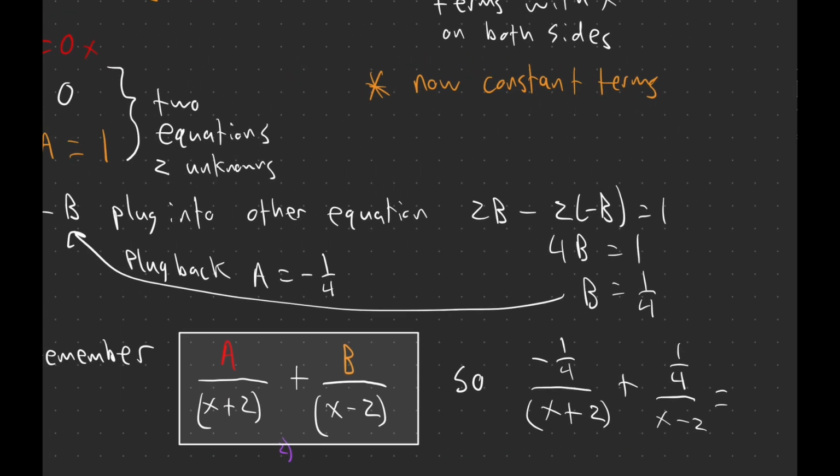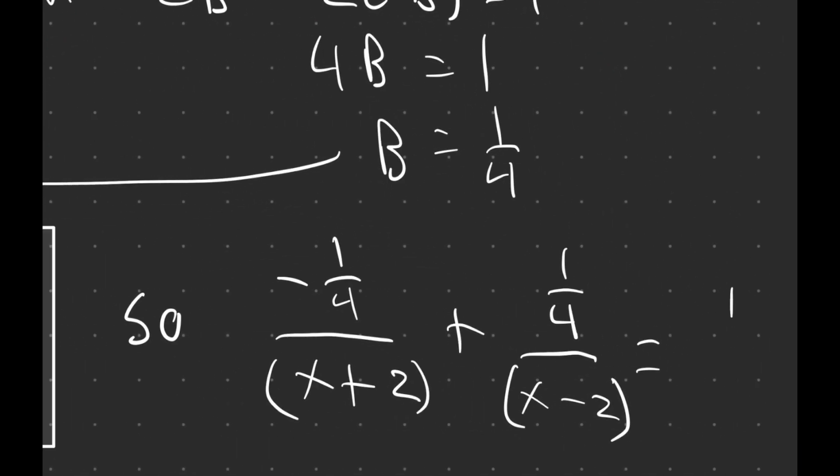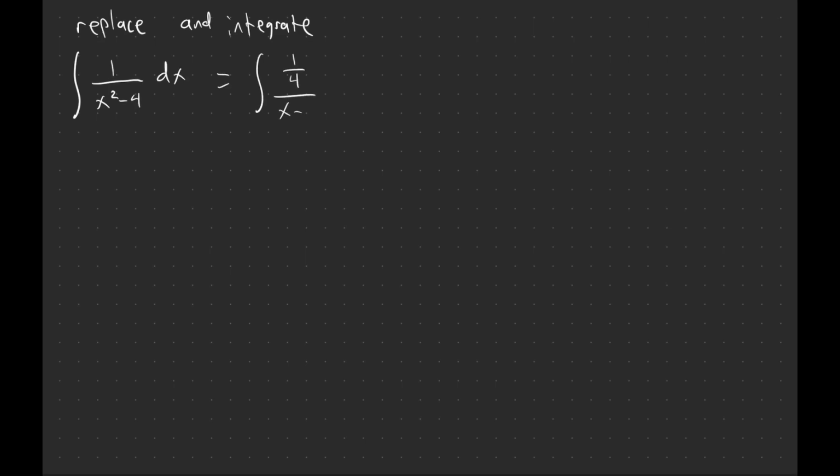And we get these two fractions, and that's going to be equal to the original expression that we had before. And this allows us to separate the integrand out into multiple fractions that are easier to solve with integration techniques. So it's going to be equal to 1/4 over x minus 2 minus 1/4 over x plus 2. And the negative 1/4 is a, and the positive 1/4 is b.